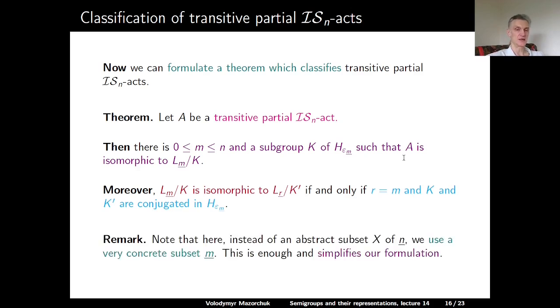Let us note that here we stepped outside the previous setup. Instead of an abstract subset X of n underlined, we use a very concrete subset m underlined. So we fix one representative in the set of all subsets of cardinality m. This is enough for our purposes and it simplifies the formulation.